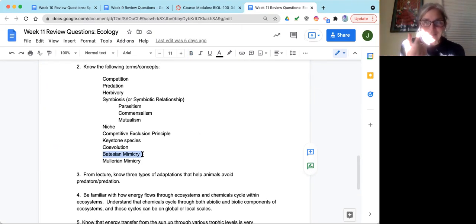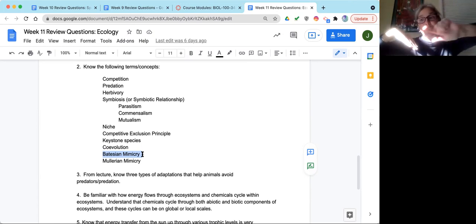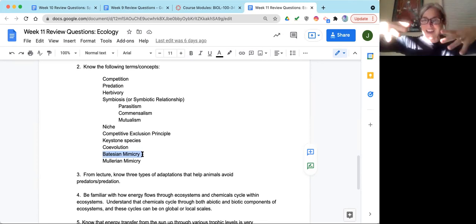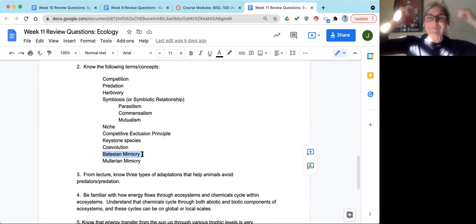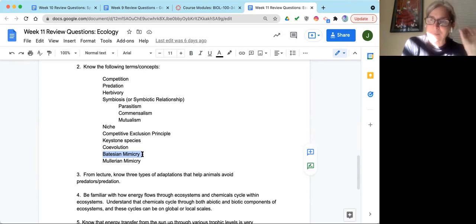It puffed itself up and made itself look menacing, and it had a triangle shape at its rear end that looked like the head of a snake, of a viper. That was to scare birds away that might want to eat the little caterpillar. So that form of mimicry is Batesian mimicry because the animal is not harmful, but it's pretending to be harmful.